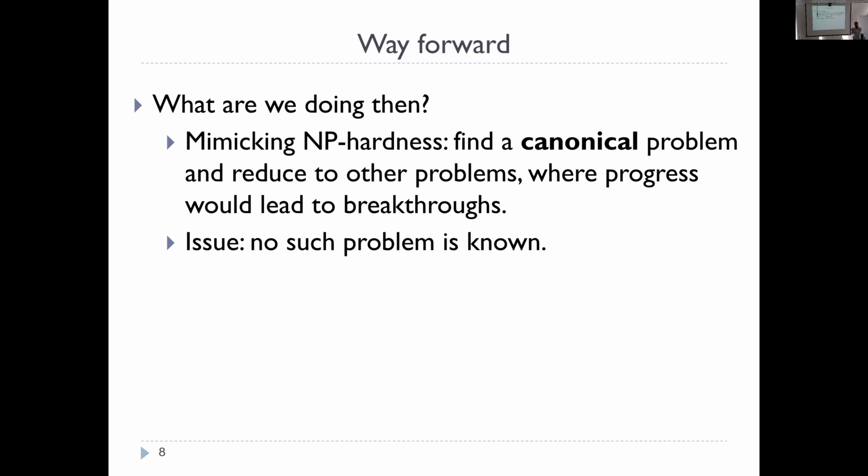So finding a canonical problem and then showing consequences by reducing it to many other problems. So you think maybe you can do something like that with problems in P, find a problem and then somehow reduce it to those other problems in P and show that progress in any of them would be kind of consequential. And the issue is that no such problem is known.